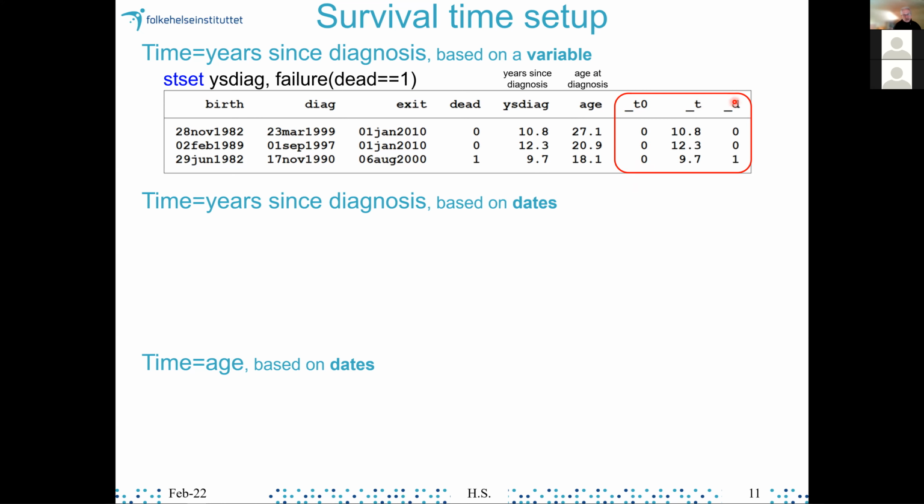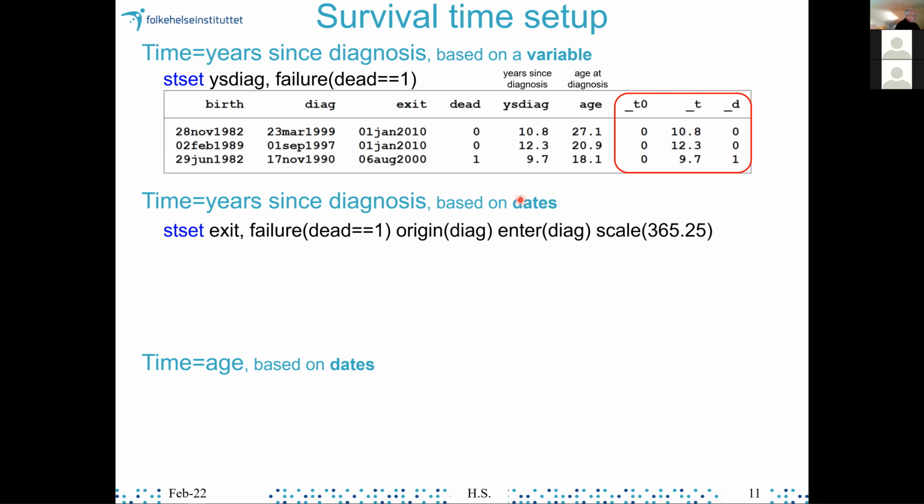And underscore D is the death indicator, 0, 0, and 1. So this, I think, may be one of the most common setups, that you have a variable measuring the length of the follow-up, and you use that.